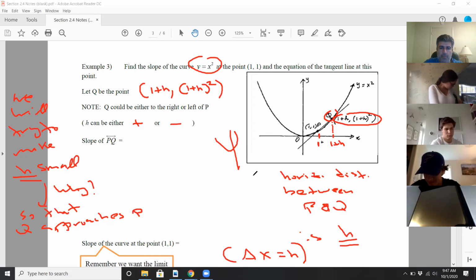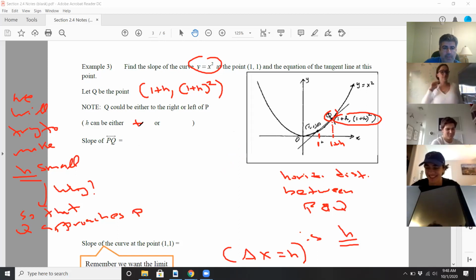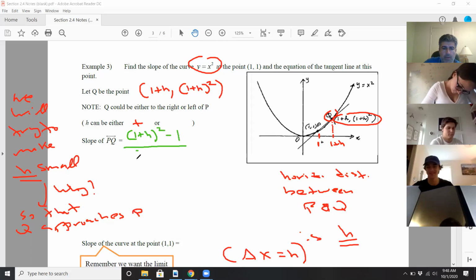Now, the slope of PQ. And we'll do some green for a bit of contrast. So remember, change in y over change in x. So (1 plus h) squared minus 1 over 1 plus h minus 1.